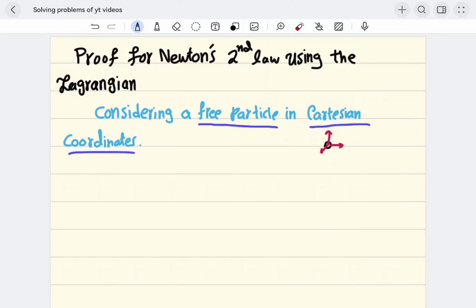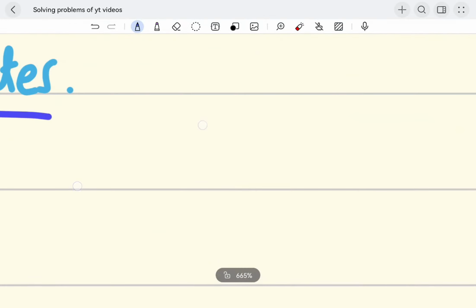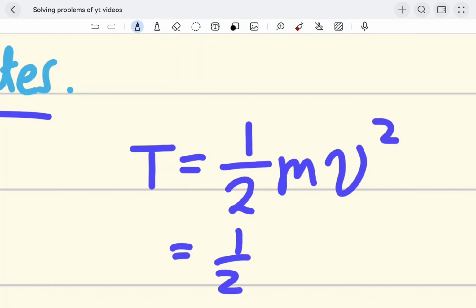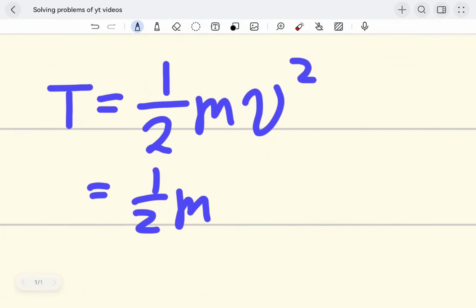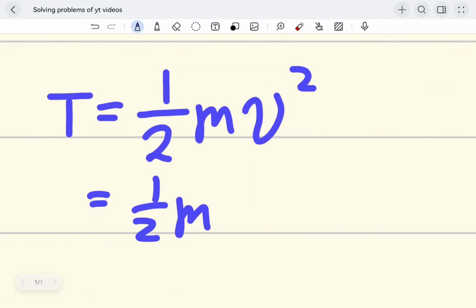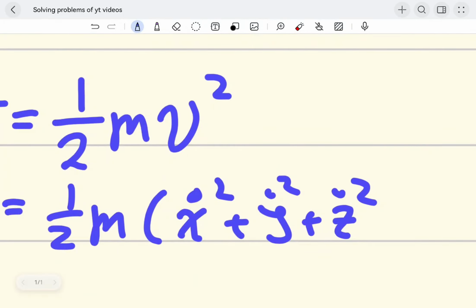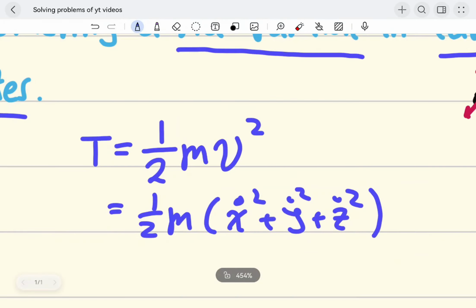So we are dealing with Cartesian coordinates, so we can write the kinetic energy T = 1/2 m v squared. So we can write 1/2 m, where v squared is x dot squared plus y dot squared plus z dot squared, because we are dealing with Cartesian coordinates.